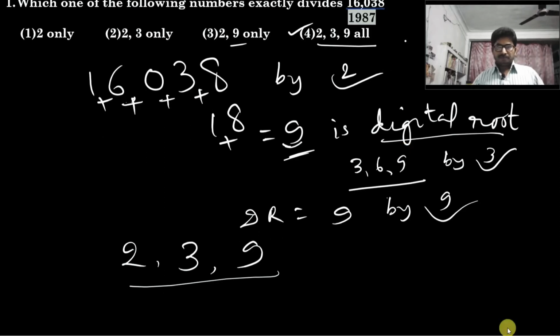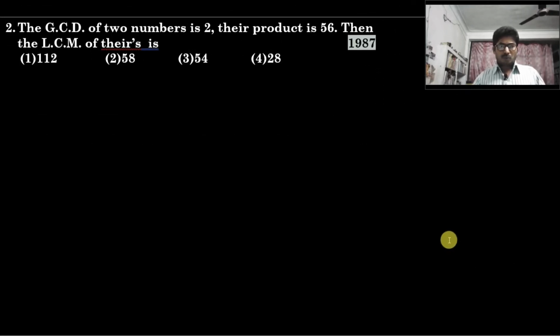Question number 2. The GCD of two numbers is 2. Their product is 56. Then the LCM of theirs is?